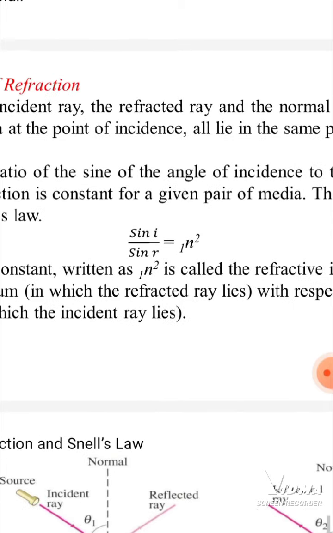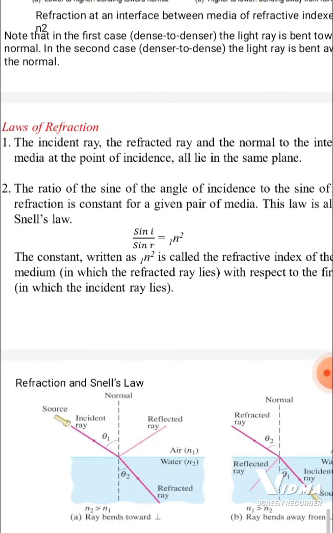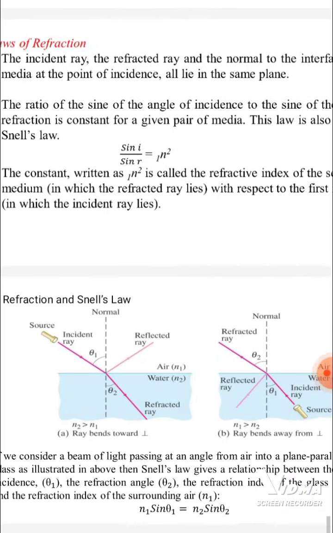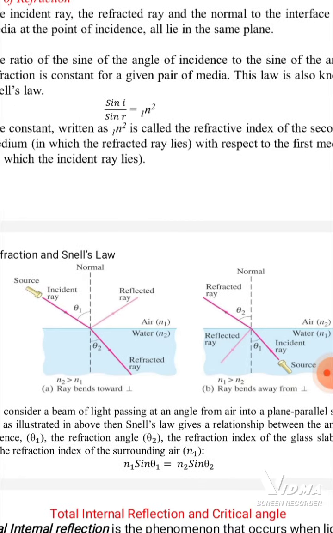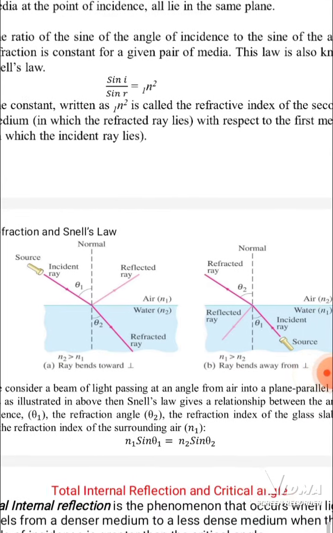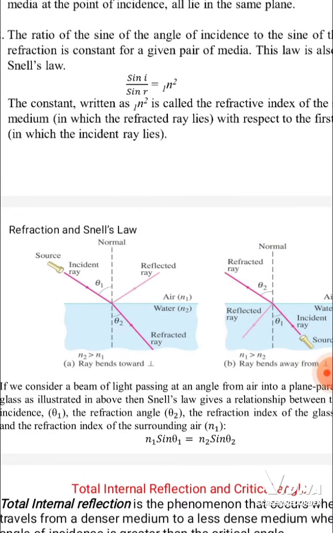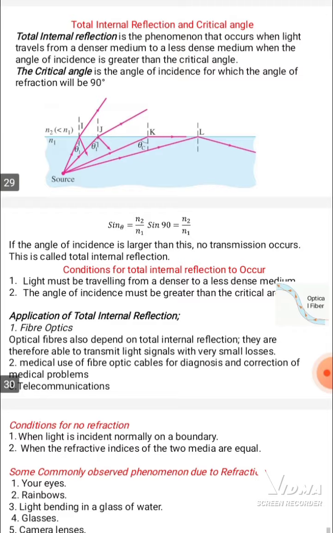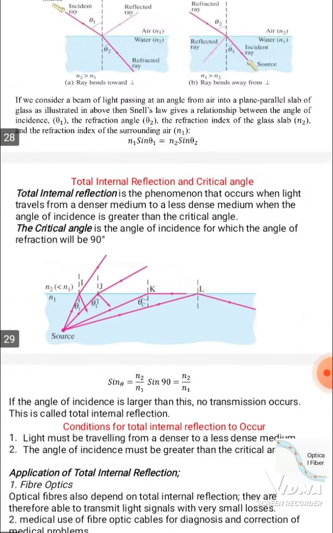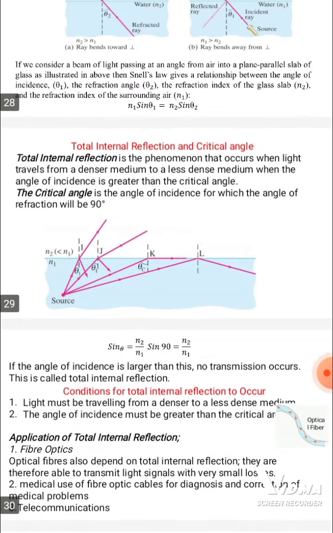In other words, sine i over sine r equals n. The sine of the angle of incidence divided by the sine of the angle of refraction gives you n, the refractive index. So those are the two laws of refraction.